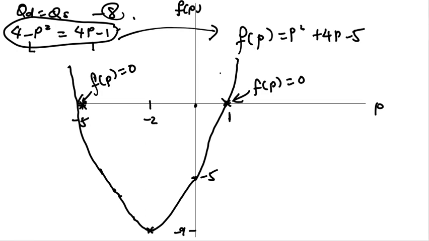Now for the equilibrium conditions in economic study, especially in an isolated market in this case, we know that price cannot be negative. So for the answer here, we don't choose price equals minus 5, but we choose price equals 1 for the equilibrium price.